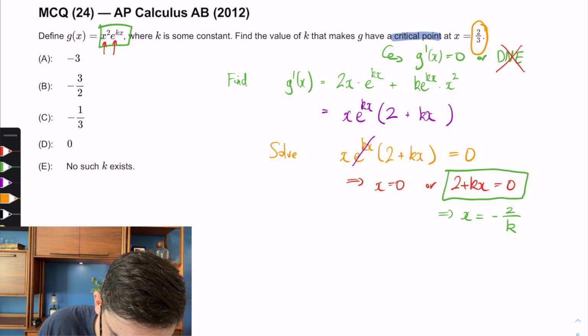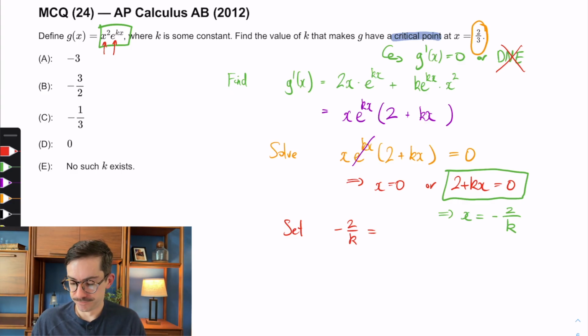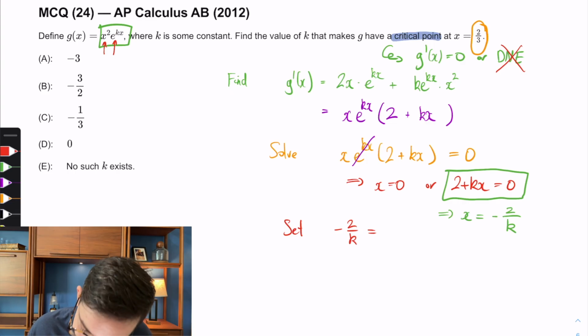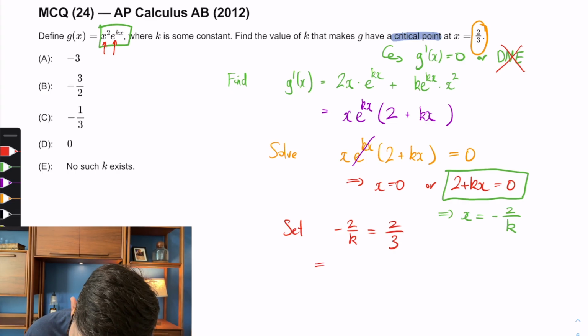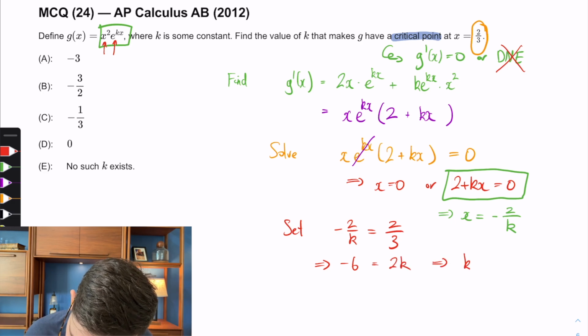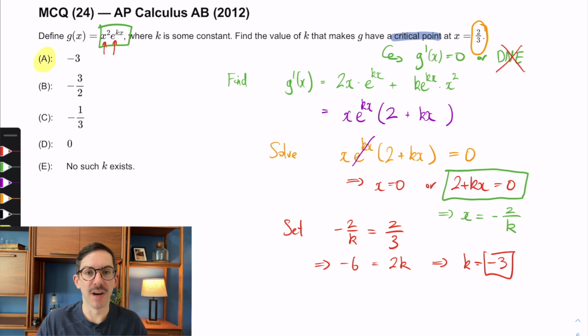So we're going to set -2 over k, the variable version of the x value, and set it equal to the actual value, 2/3, and now I can solve for k. If I just cross multiply, I'll get -6 equals 2k, so k is going to be -3, answer A. And that's that.